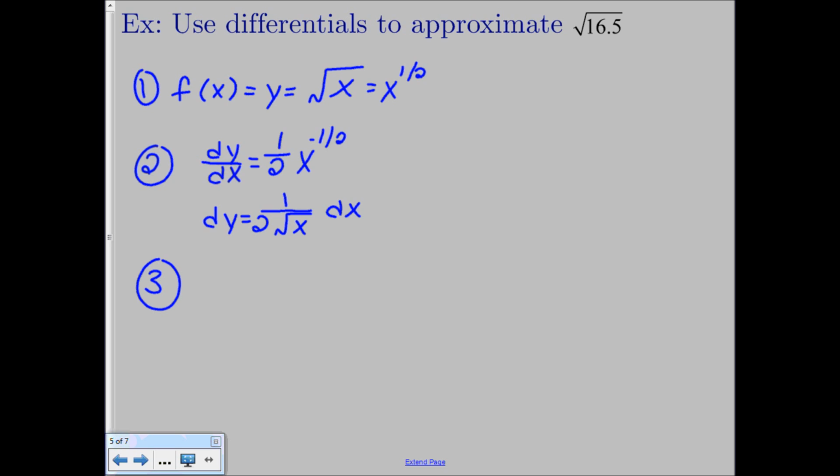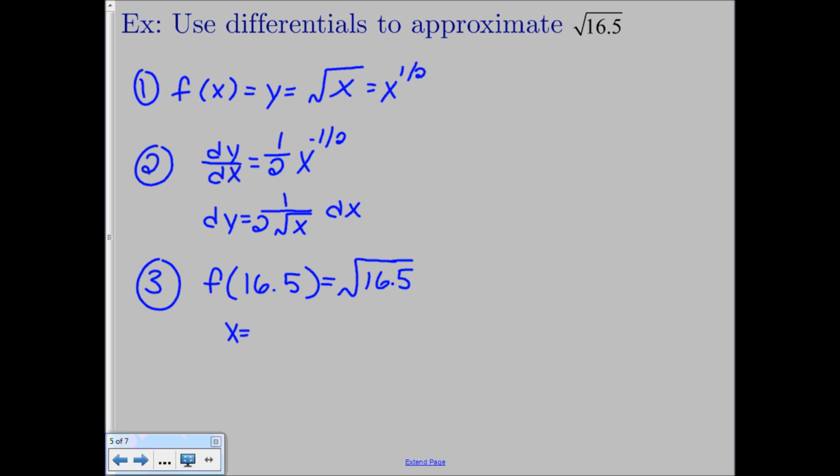So the next step is to figure out what x and delta x are. Since we want to find the square root of 16.5, we're really trying to evaluate f of 16.5, because we would have to plug that x value and we'd get exactly what we're trying to approximate back. So we don't know what the square root of 16.5 is, but we do know what the square root of 16 is, and that's the closest perfect square, so we want to use that.